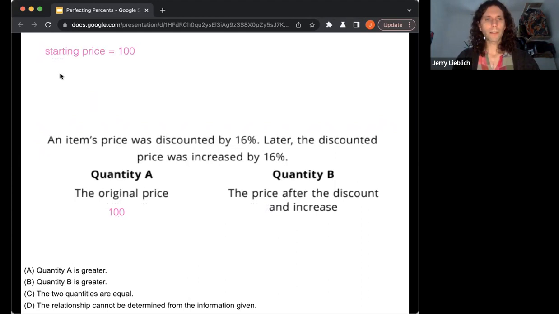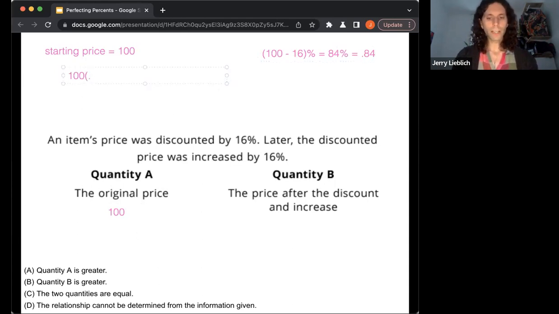Let's now follow this. If we discount it by 16%, a quick way to do that is to multiply by 100 minus 16%, so that would be 84%, or 0.84. This is the easiest way to decrease something.